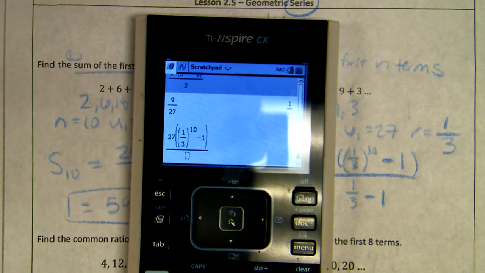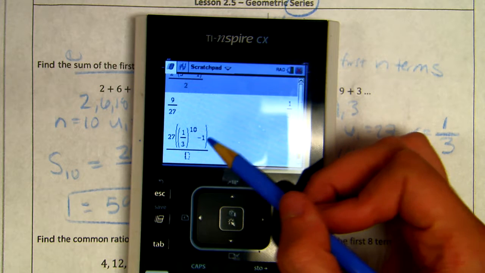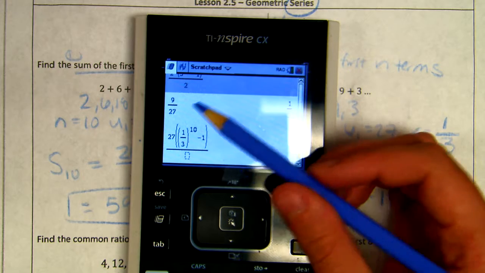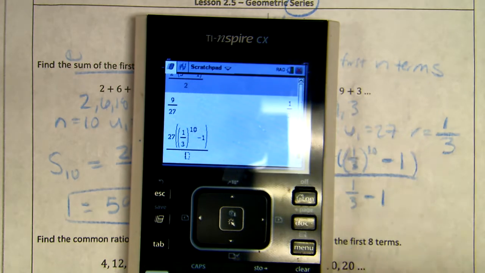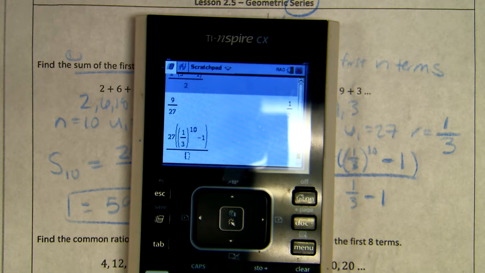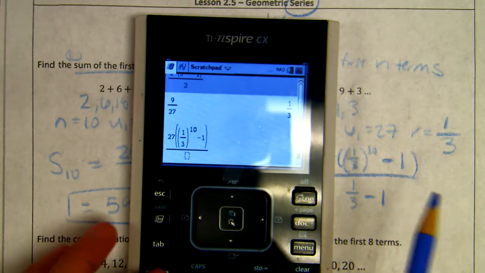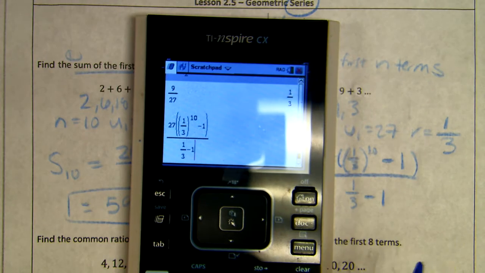That's really important because we need to distribute the 27 to this 1/3 to the 10th power and the minus 1. If you didn't have the second set of parentheses, the 27 would just multiply by this exponent, and that's not what we want. We want it to multiply by both, so that was really important that we do that. Over R minus 1, which is 1/3 minus 1.